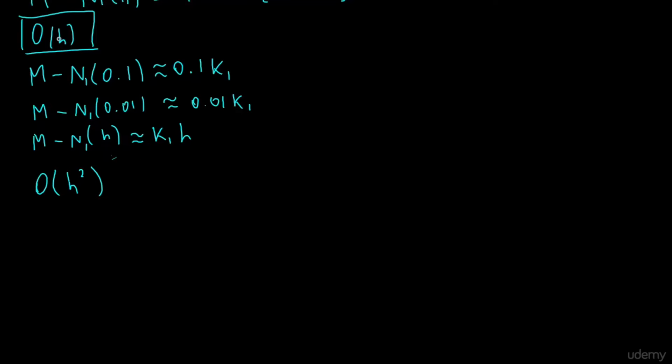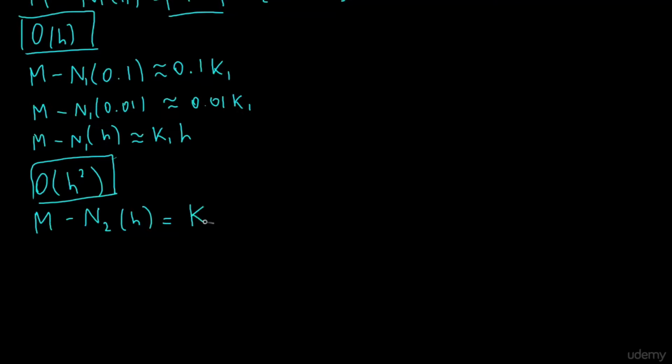Let's suppose that we have a new formula. Instead of n1 of h, we have n2 of h, and we say that the actual value minus n2 of h, and let's suppose that we can now represent this without the k1 h term, because now the error is on the order of h squared. So we can start with that.